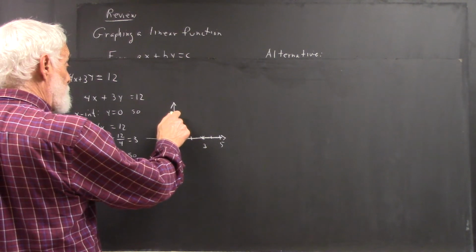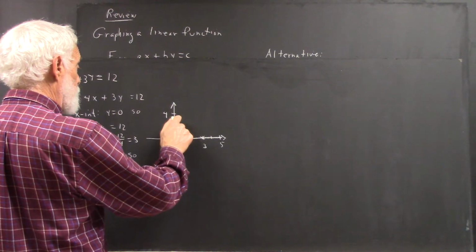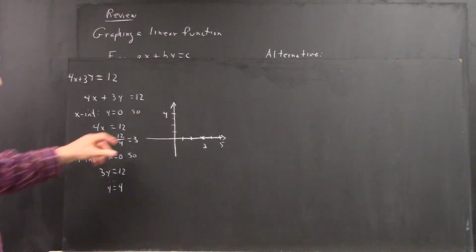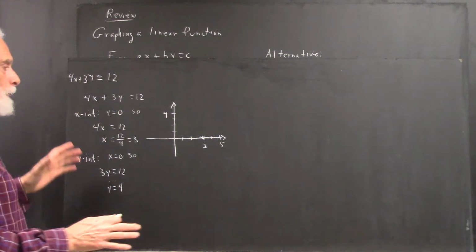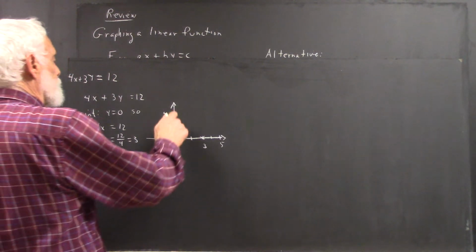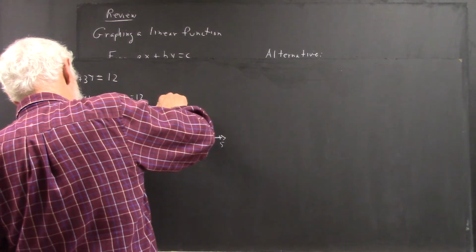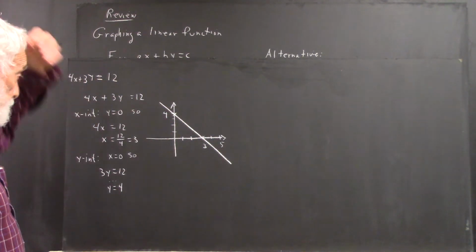There's 4, so here's 2, 1, 3, got 5 up there. Now we don't necessarily have equal scales on the two axes, although we're not too far off, but that won't make any difference. So we're going to put an x here, that's the y-intercept.